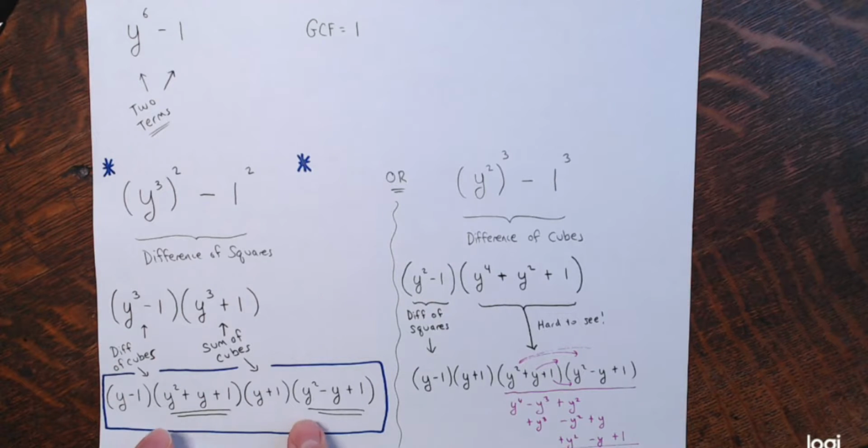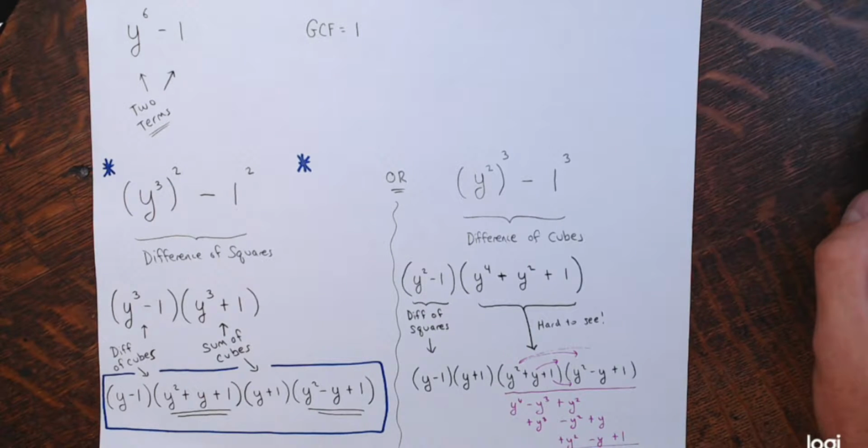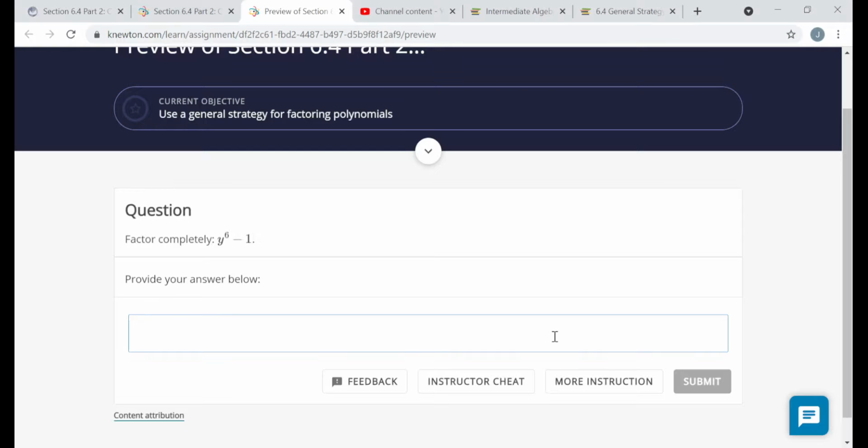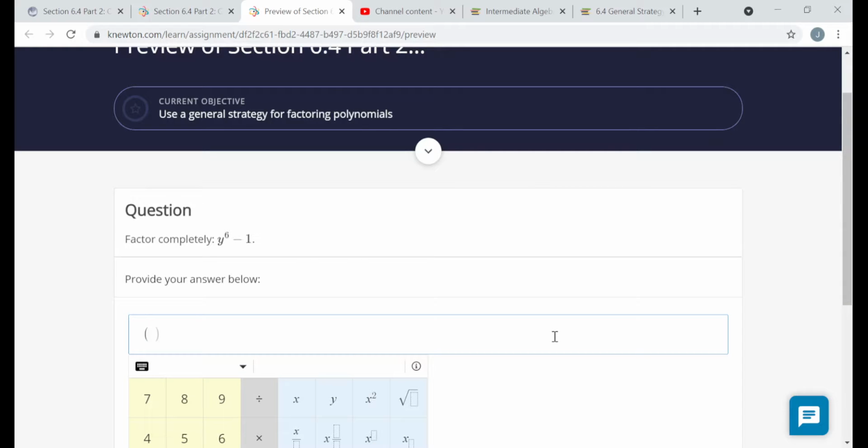So here's what I got in the box, these 4 factors. And that's what I'm going to type. I'm going to type those 4 factors back in the problem. All right, so one factor was y minus 1, and just make sure you're using the correct variable. One of the other ones was y squared plus y plus 1. And another factor was times y plus 1.